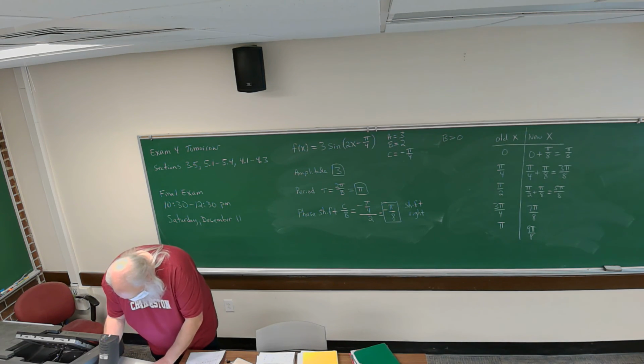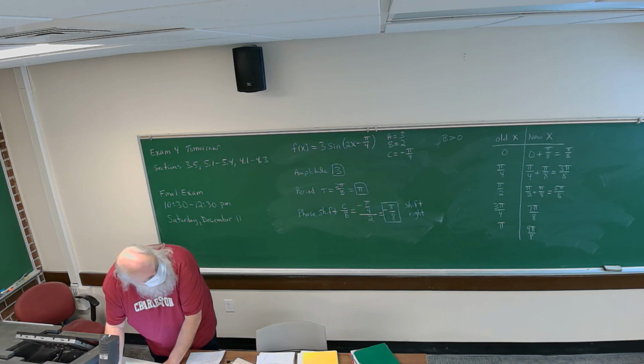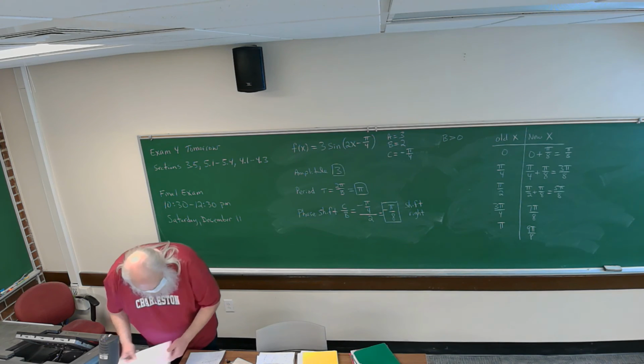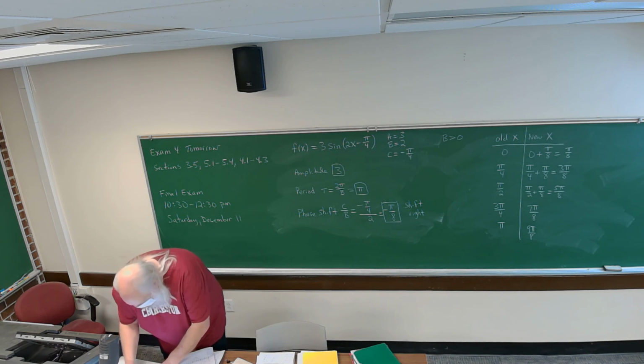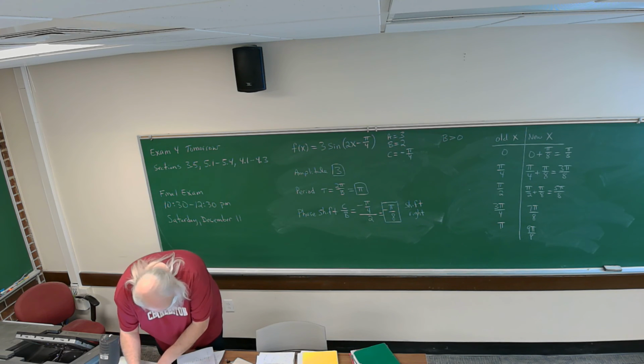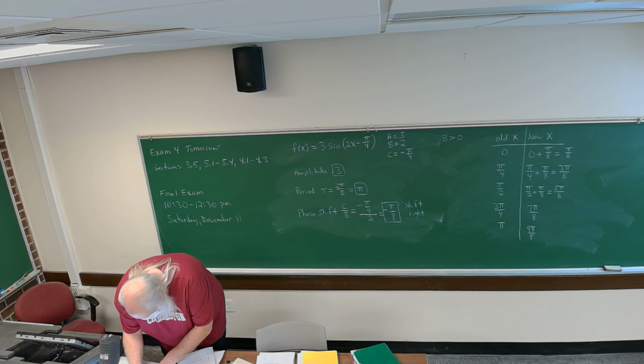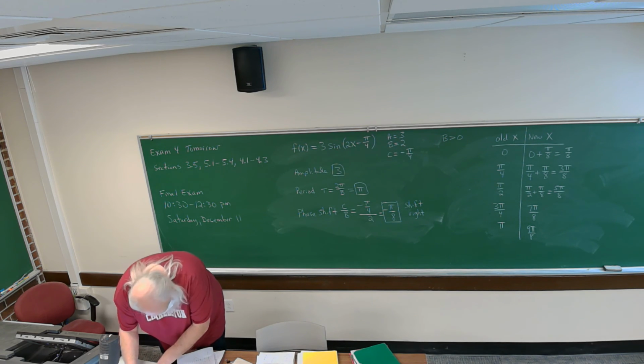So at the bottom, page 7. So again, here is pi over 4. And then here is pi over 2. And then here is 3 pi over 4. And here's pi.